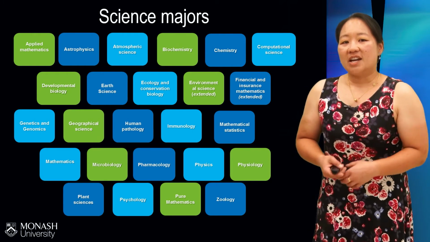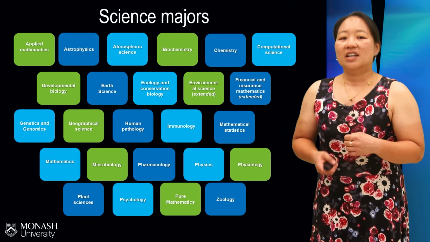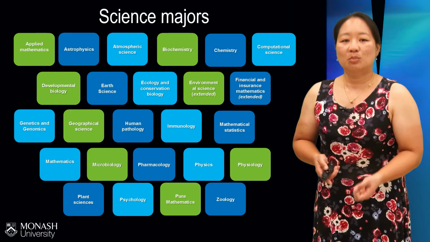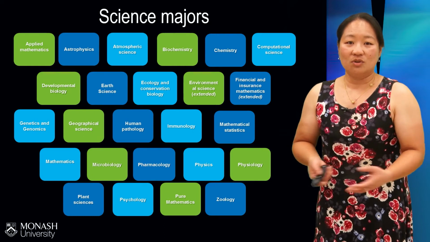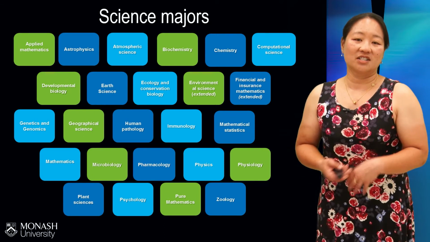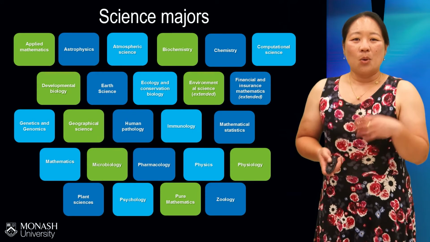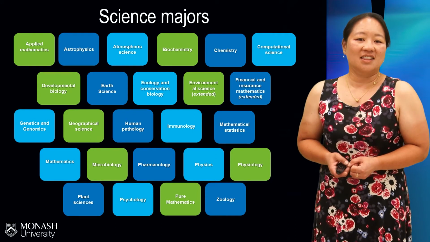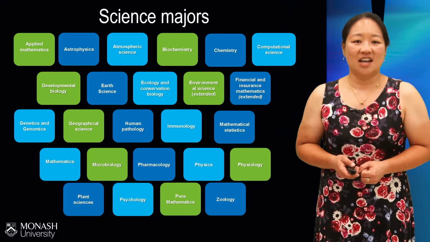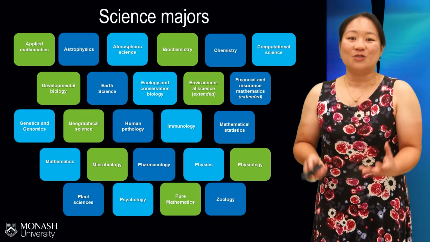The structure of a major and what units to take, including any additional units to complement and strengthen knowledge, are all listed in the handbook, which is the source of all knowledge, or the source of truth. When you start enrolling in units, you'll also be prompted to nominate the majors that you would like to complete. If you're not sure, do not fear.